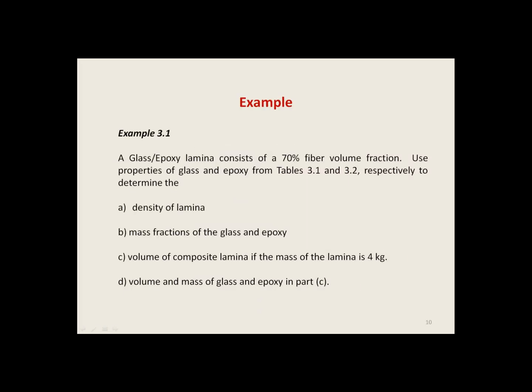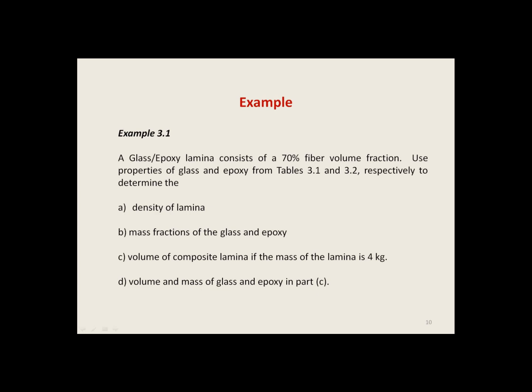So with the help of previous discussions, we have to solve one example. This example is based on glass fiber. It means the fiber is made up of glass and the matrix is epoxy, and both of these constitute a lamina.